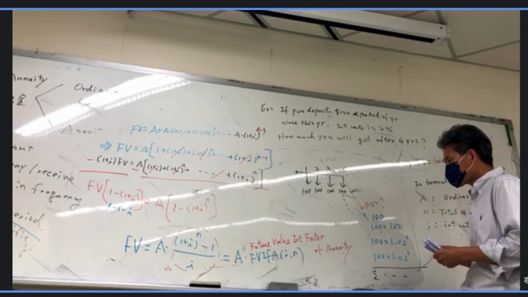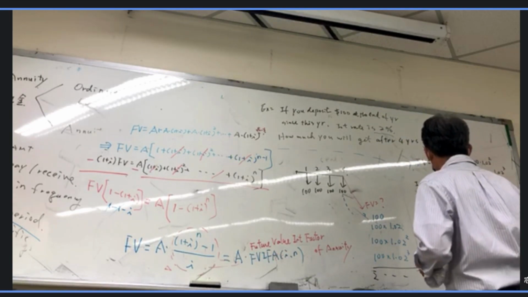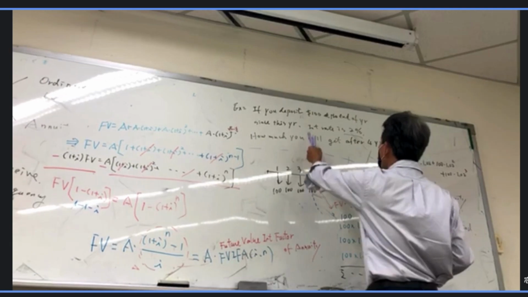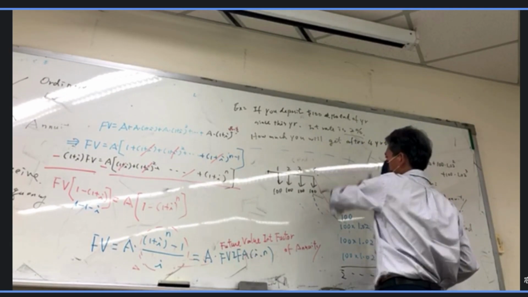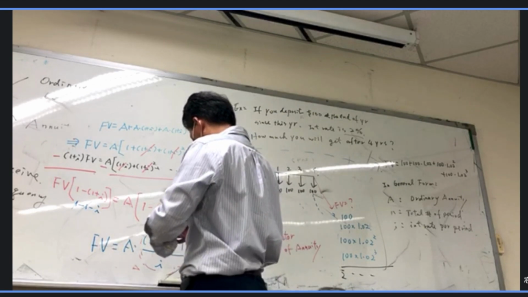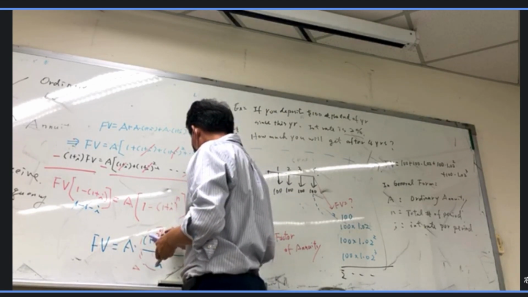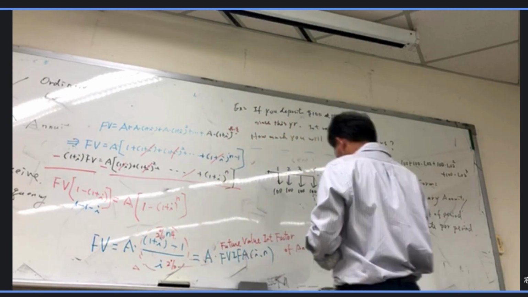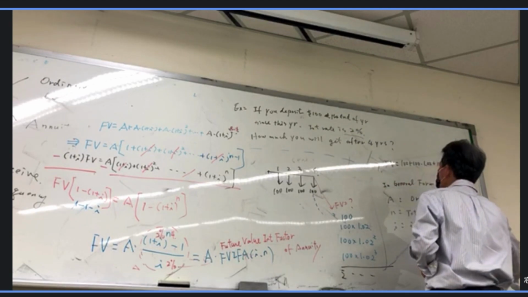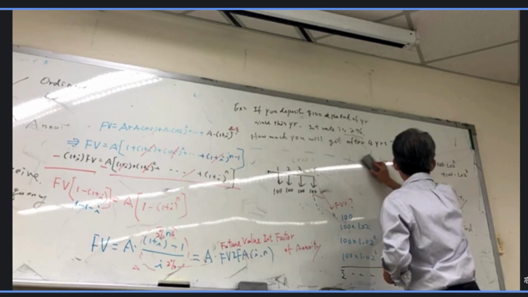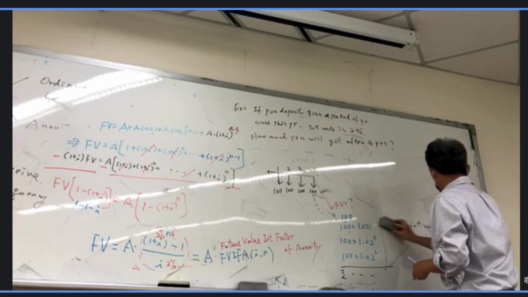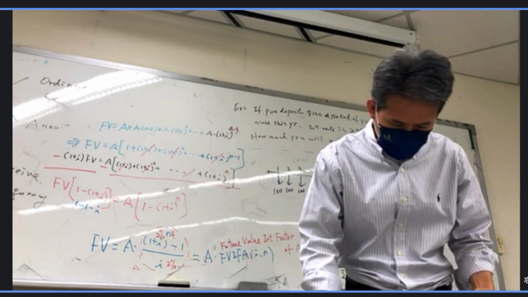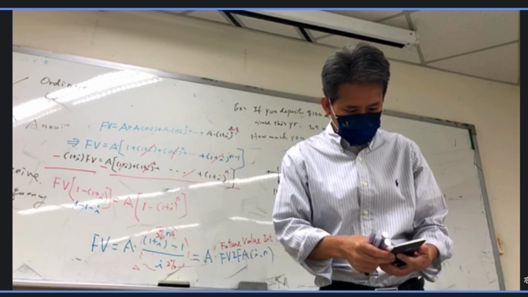Okay? So if you want to fit in the numbers of the question, $100, 2%, 4 years, you put 2% and 4 years here. But for the calculator, let's do it together. So this is probably the last example today.